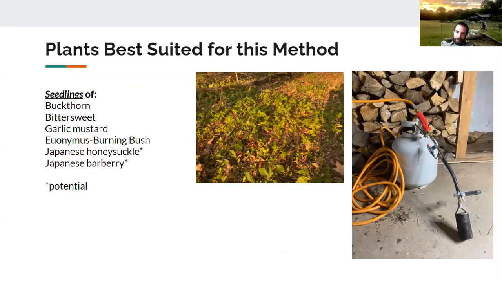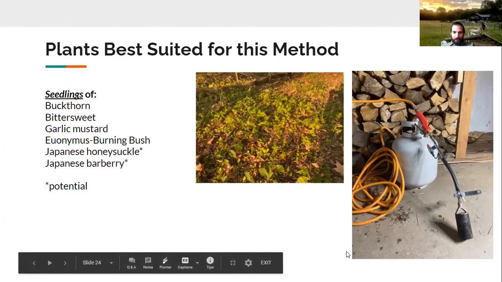You just pass that over the plants. Of course, this is also a 25-pound propane cylinder, which is no fun to carry through the woods, especially with that length of hose. I have seen people rig these up on frame backpacks, which can work pretty well.